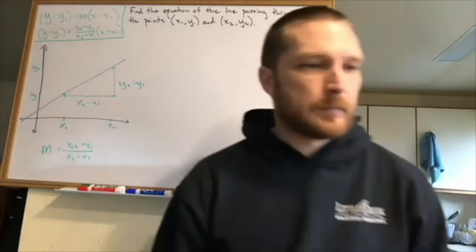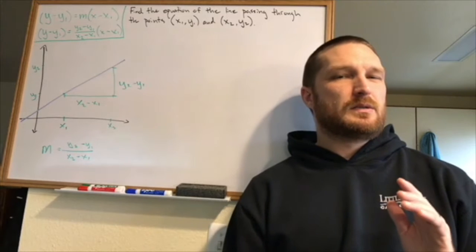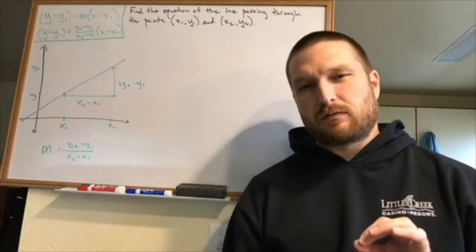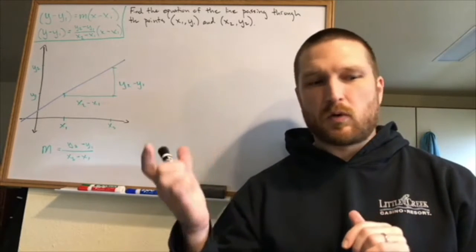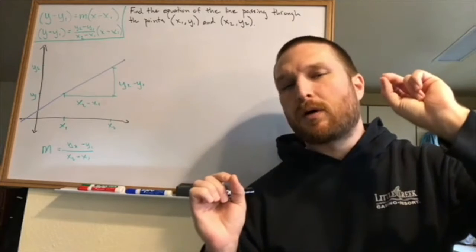So now what I want to do is use the same method that we did today in class, but in general. What we did in class is we had two distinct points, I think it was 1, 2, and then 2, 6. So we had these two named points out in space.